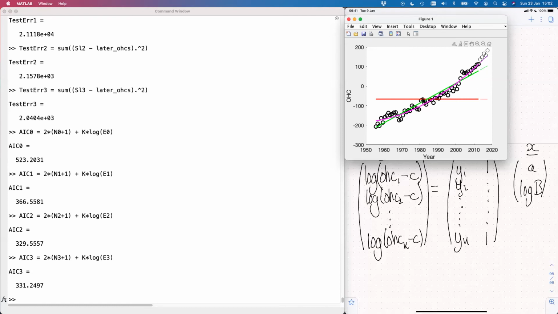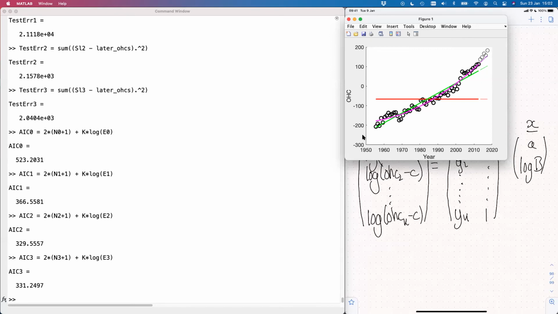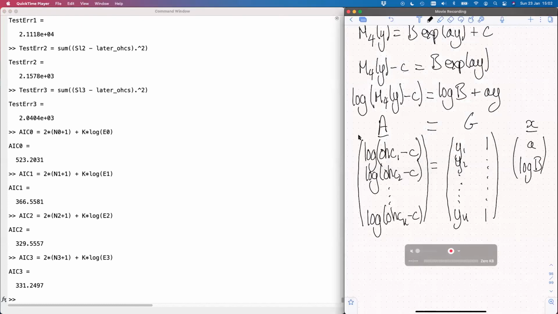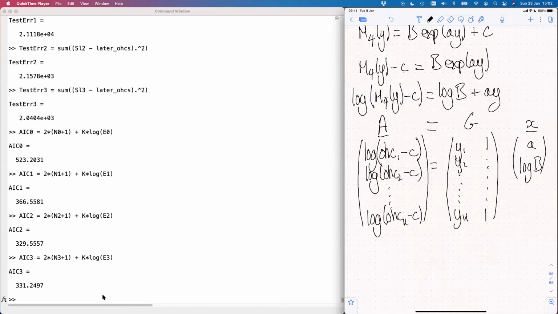And if you think about an exponential model fitting this data, I think you can imagine that asymptote is going to lie somewhere between minus 200 and minus 300. So I'm just going to arbitrarily pick a value in the middle there, and I'm going to call it minus 250. So just for the sake of demonstration, let's assume that c has a value of minus 250, and then that allows us to fit this model using this simple linear least squares estimation.